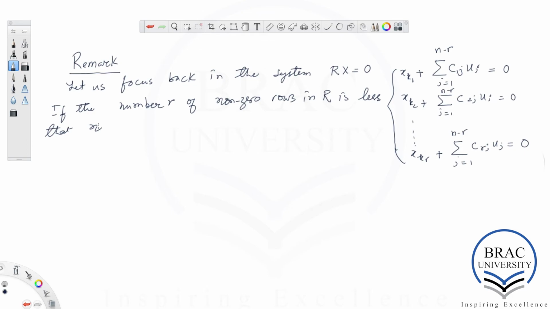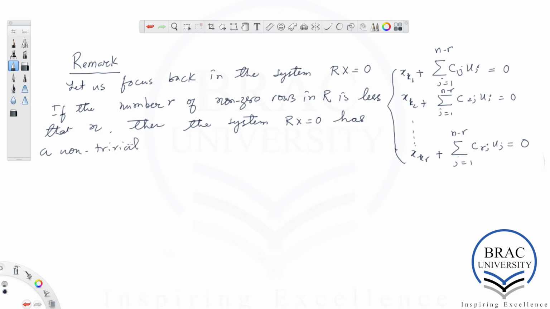If the number of non-zero rows is exactly equal to n, there is no free variable, right? So it is strictly less than n means that it certainly has got some free variables, right? Then the system Rx is equal to 0 has a non-trivial solution.